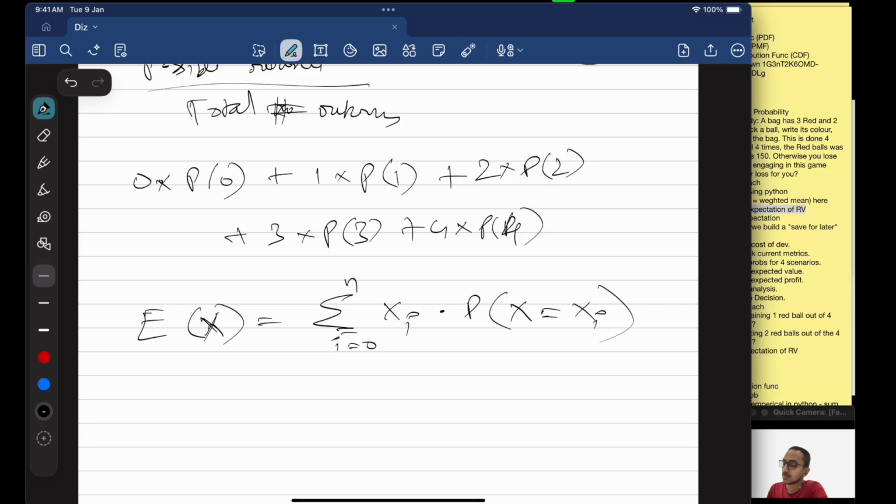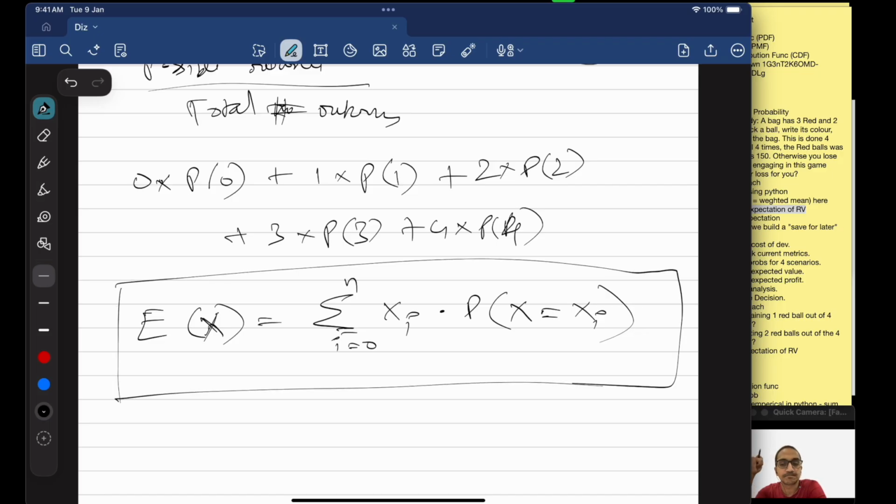That is how we can derive the formula. So from this we can say the definition is basically the random variable times the probability.